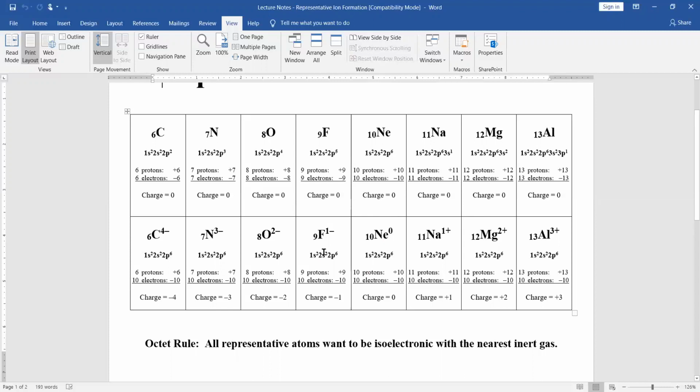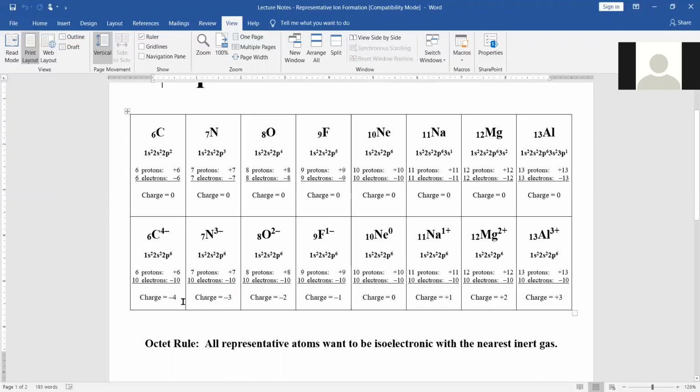Looking at fluorine next to it, I've added 1 electron, so 9 positive protons and 10 negative electrons gives me a charge of -1. With oxygen right next to it, I have 8 protons and 10 electrons, so I have 2 excess negative charges for a total charge of -2. And so forth for the nitrogen and the carbon.